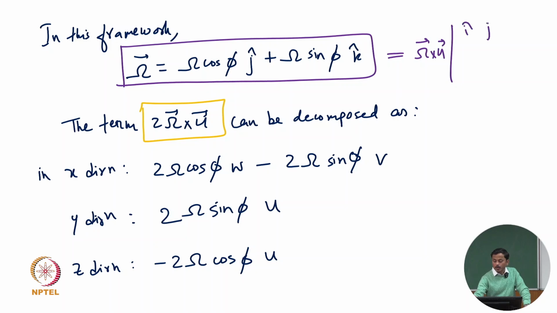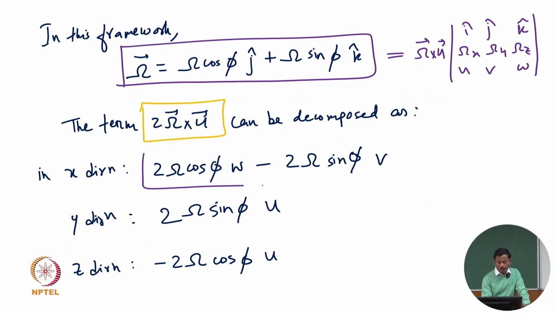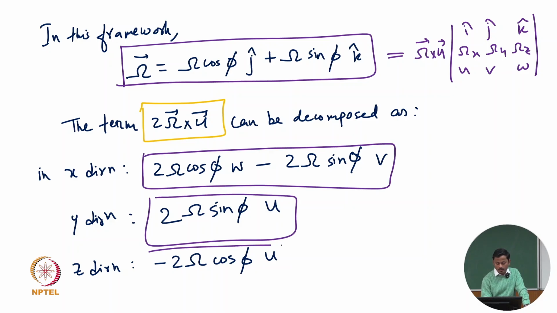You know how to do a cross product: i j k, omega x, omega y, omega z, u v w. Do a cross product of this, and then you will find that in the x direction the components are these, in the y direction the components are the next ones, and in the z direction the components are these.